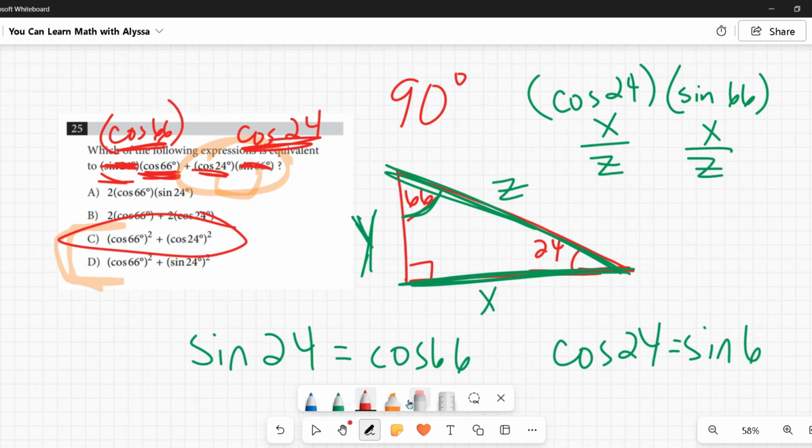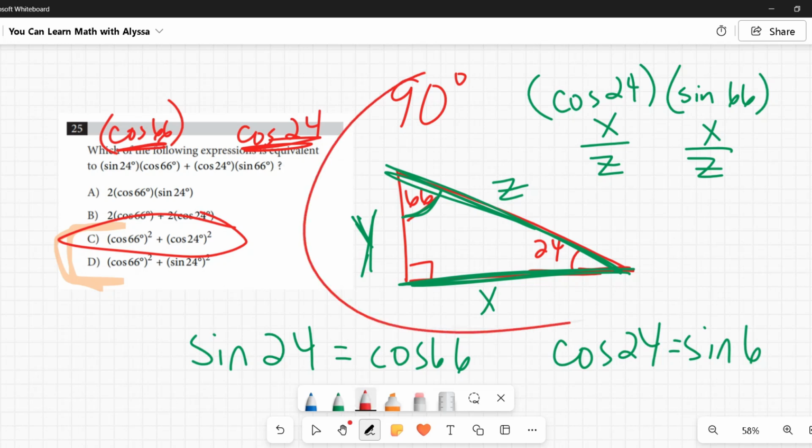So again, this is all going to be about when you look at these and you realize, wait a minute, 24 and 66, that's the sneaky thing that's going on. They're in the same triangle. Now, I did all this to show you why this is true.